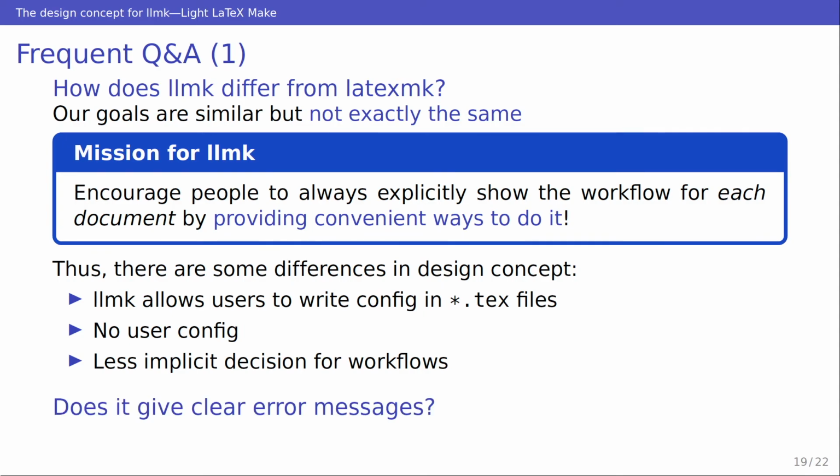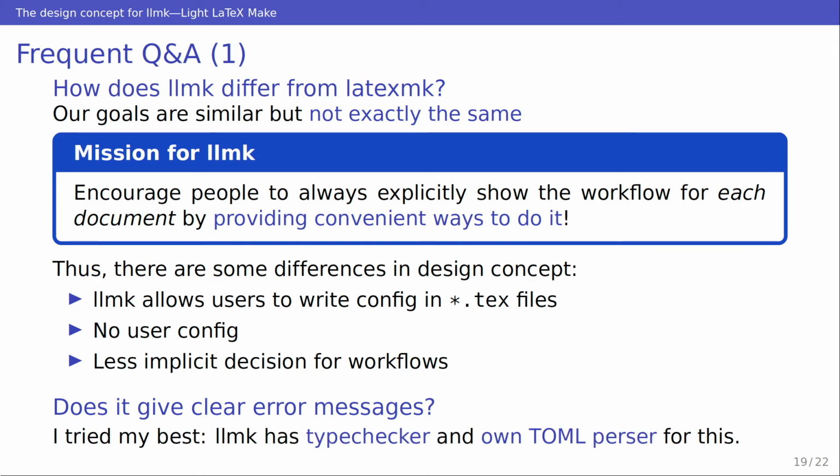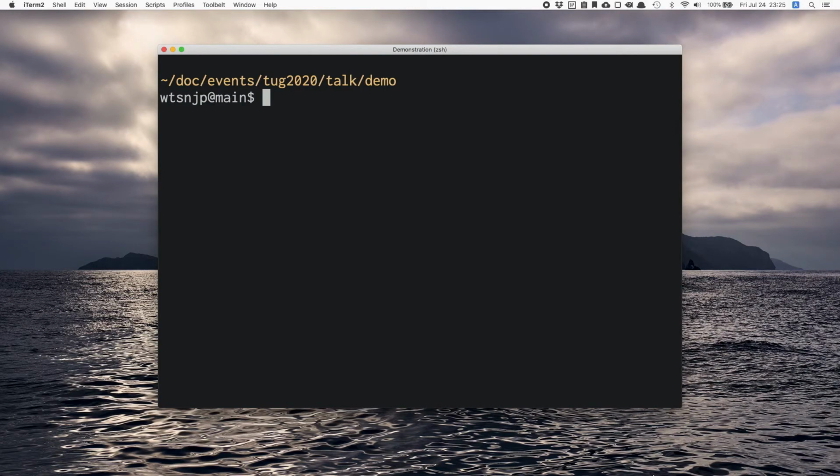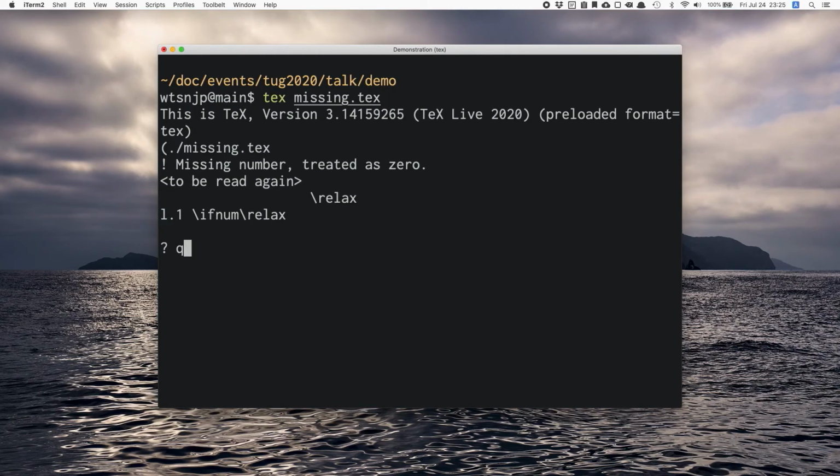The second question, does it give clear error messages? Well, I think there is no perfect solution for this, but I try my best to make the error messages from llmk meaningful. For this purpose, llmk has a type checker and its own built-in TOML parser. I know that all of you are already tired of mysterious error messages produced by TeX, most notably "missing number treated as zero."